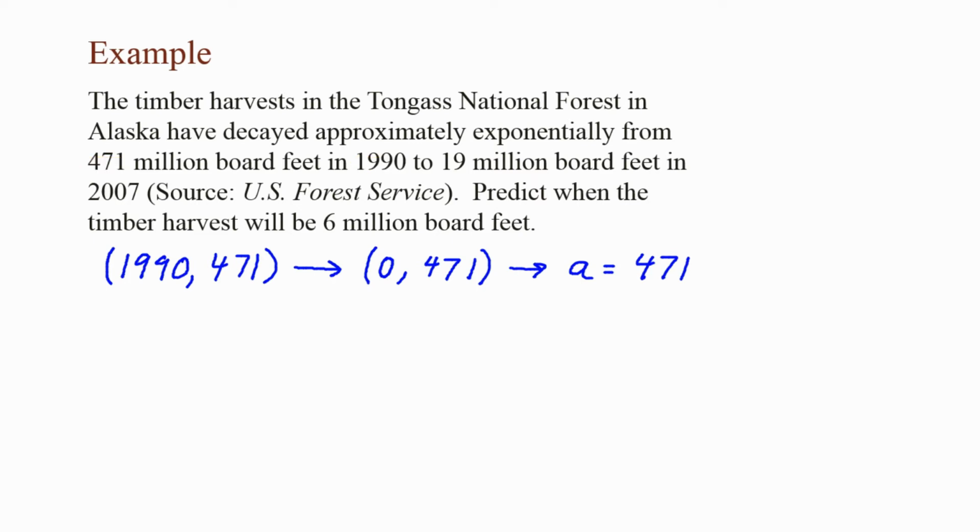We also know that we have 19 million board feet in 2007. 2007 take away 1990 is 17. So I have 17 and 19. With those two pieces of information, I can find B.